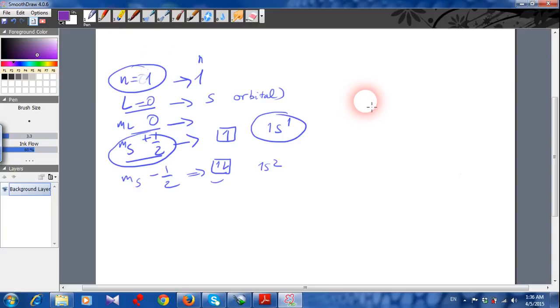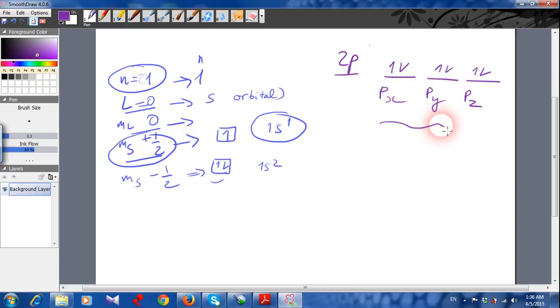We know that 2p has 3 orbitals, px, py, and pz, and each has 2 electrons, 2 electrons, 2 electrons. So the number is 6.